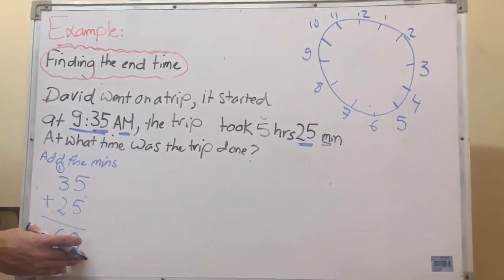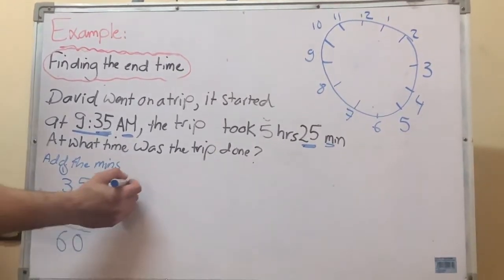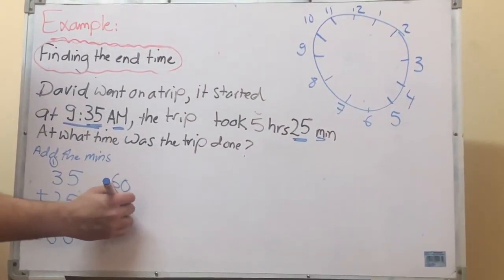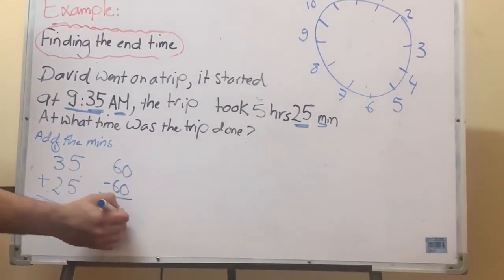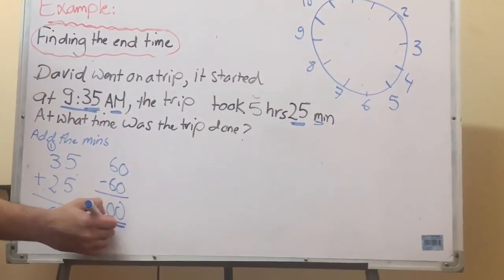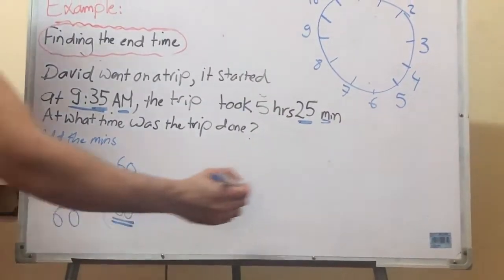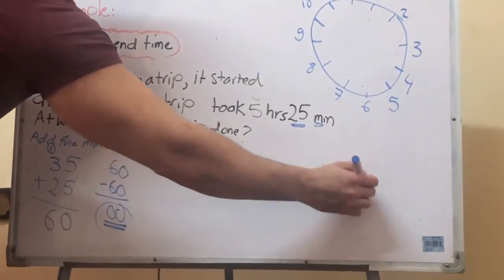So if I take away this 60, 60 minus 60, because I'm going to put this 60 in the hour section, I get a 0, 0, which is what I'm going to write in the minute section.